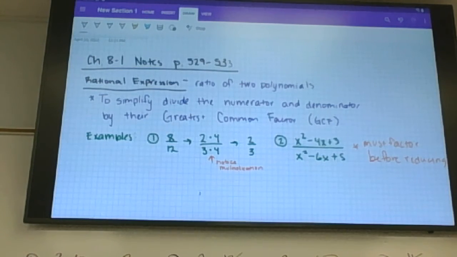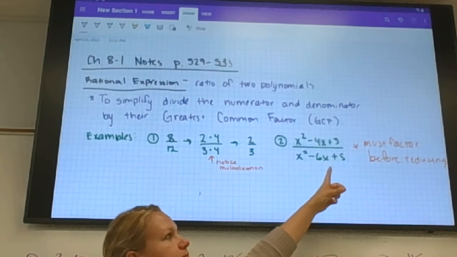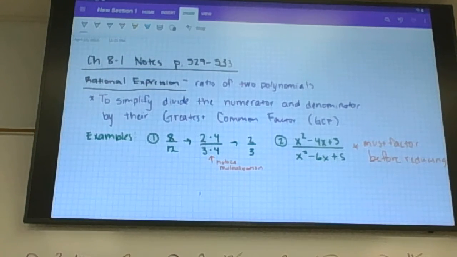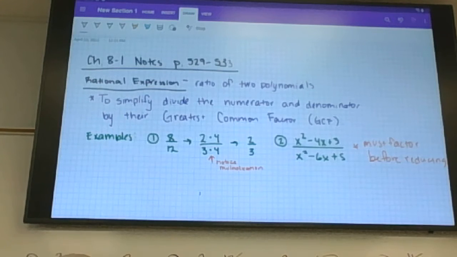So we're looking at fractions with polynomials, a polynomial over a polynomial, like number 2 here. This is what we're working on. So we're going to simplify ratios of polynomials today. To simplify, we're going to divide the numerator and denominator by their greatest common factor. Look for common factors and cross them out, just like we did in these simple fractions here.